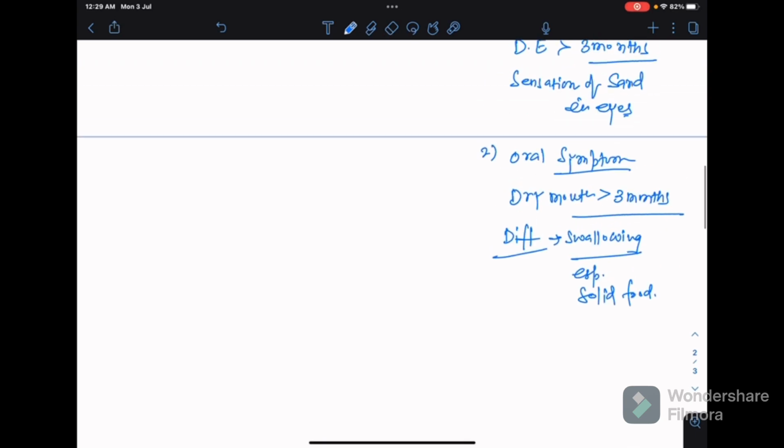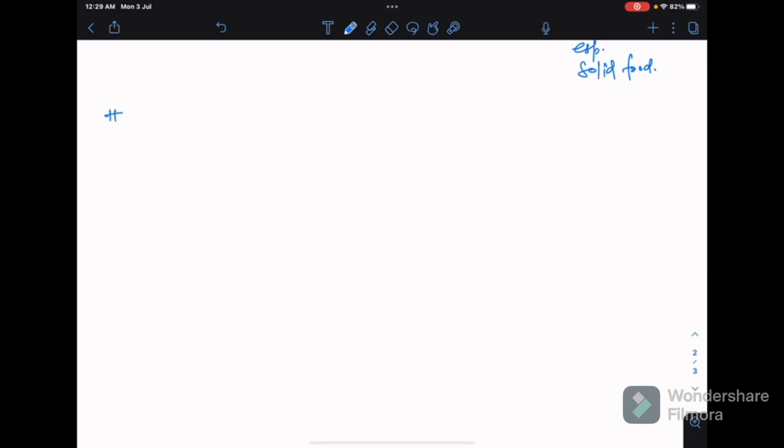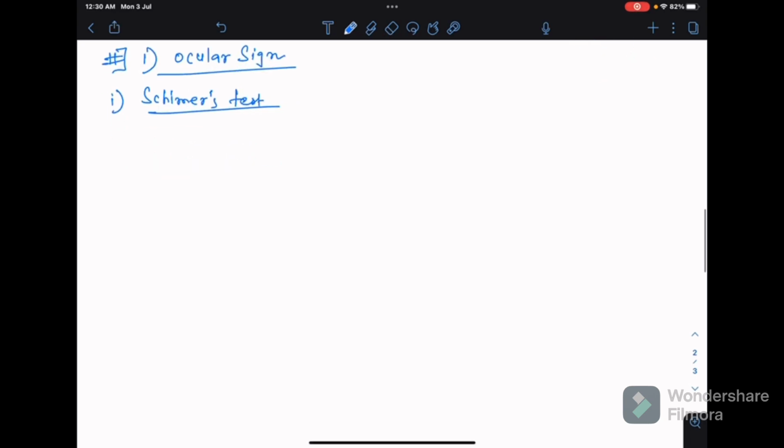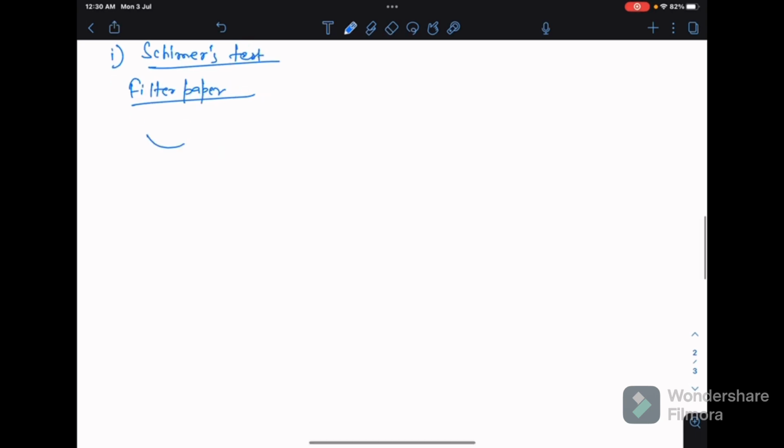Right? Now let's see the ocular sign. For ocular sign, we will use 2 tests. Number 1 is Schirmer test. In this Schirmer test, we use a filter paper, and this filter paper is generally put, suppose this is the medial canthus of the eye, this is the lateral canthus, and we put a filter paper here and we check for wetting.